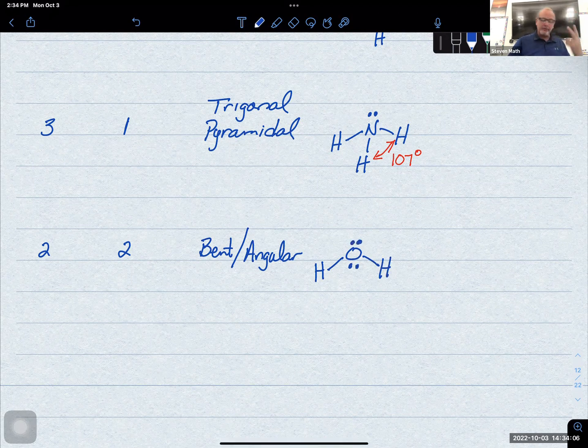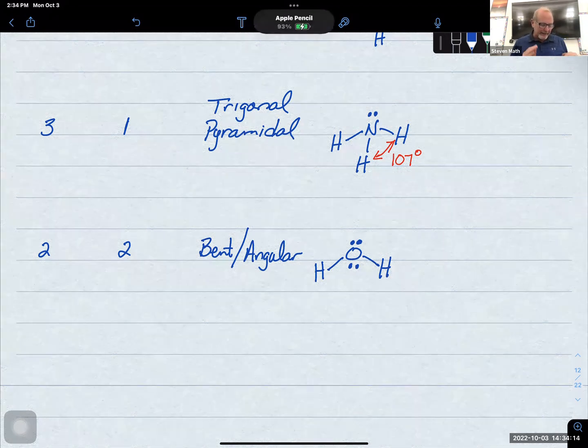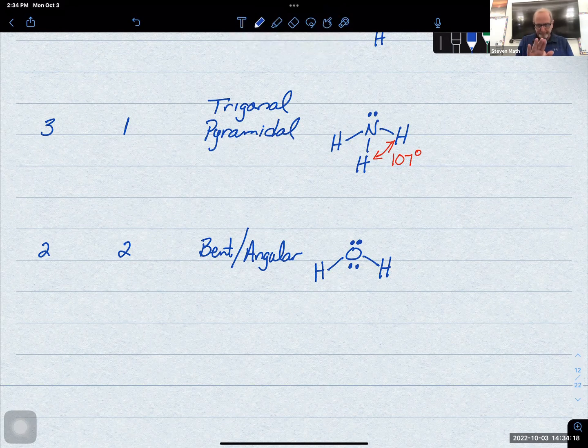If something has 2 bonds and 2 lone pairs, it's going to bend. And it's really hard to see this one. So I want you to kind of think of it this way. The oxygen is sitting in the paper. The hydrogens are going out and away from the paper. And then the lone pairs are sitting top and bottom, going further away from the paper.